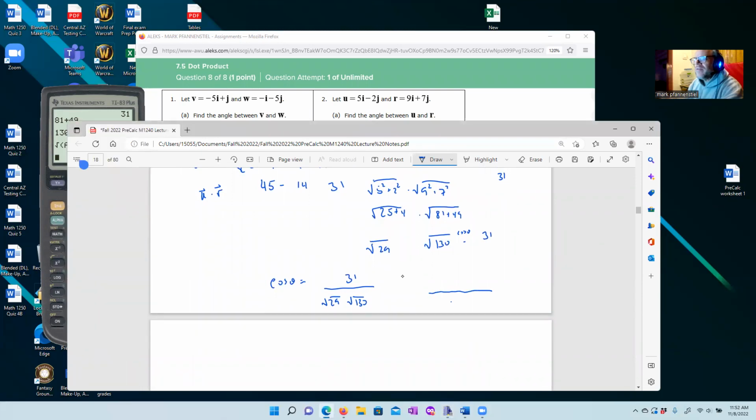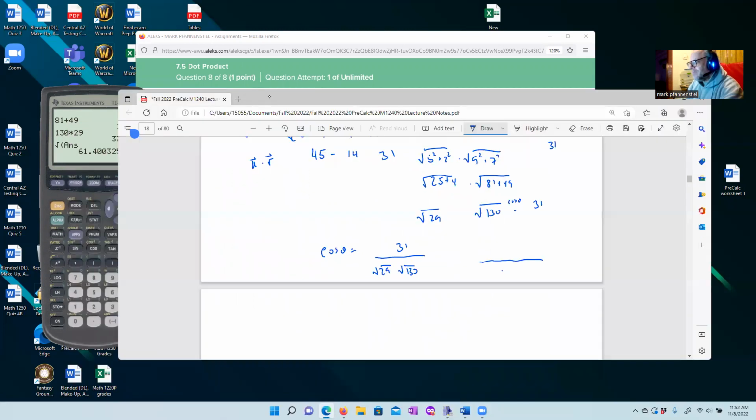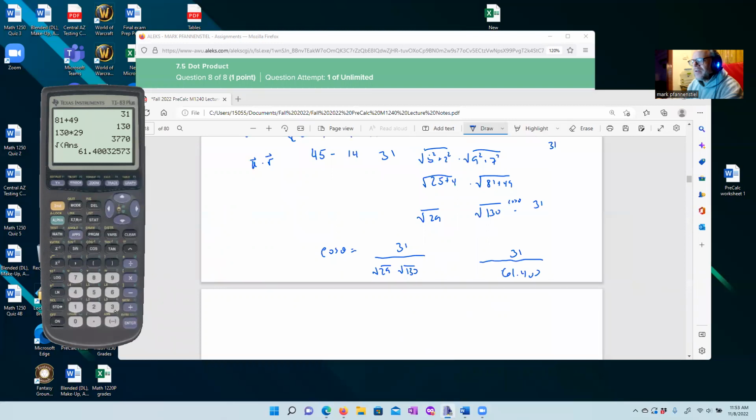We ended up with 61.40. That's not too bad. We have a 31 on top of that, so 31 divided by this mess, is about 0.5.